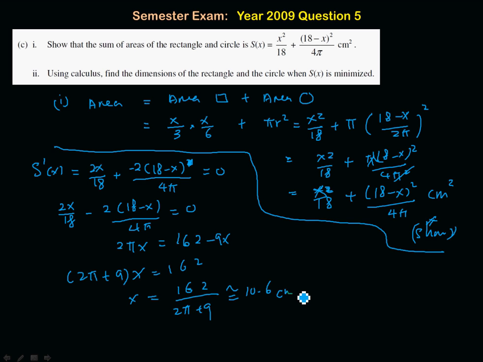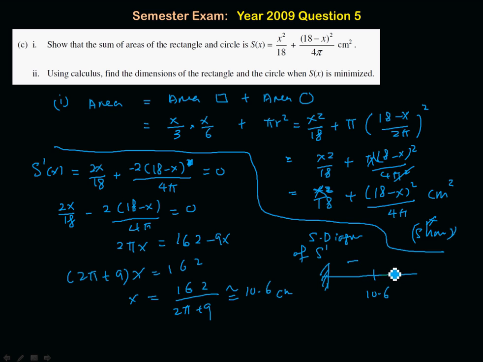You can't just accept the answer as it is without testing. You have to verify that it is the case. So what else but the sign diagram of S prime. We test around 10.6: choose 10 and substitute into this expression, and you find that the sign is negative.